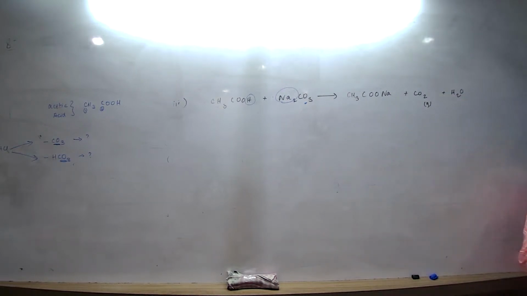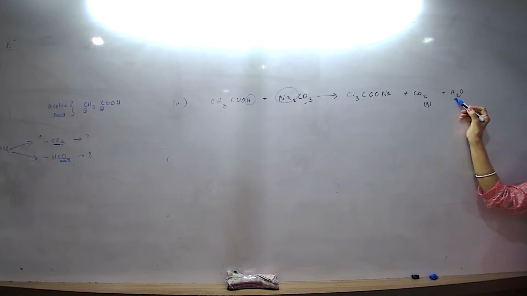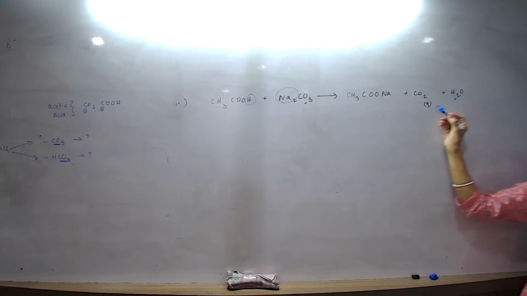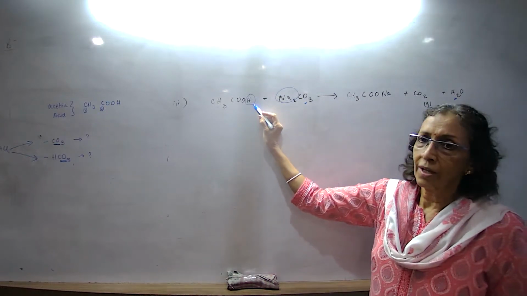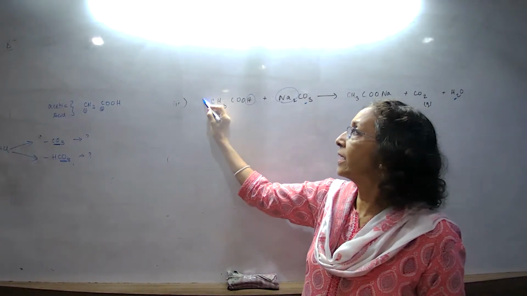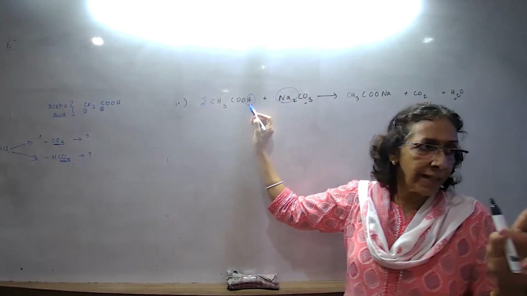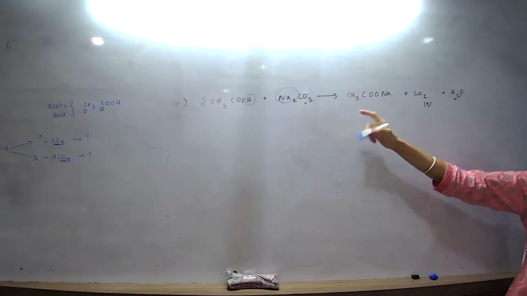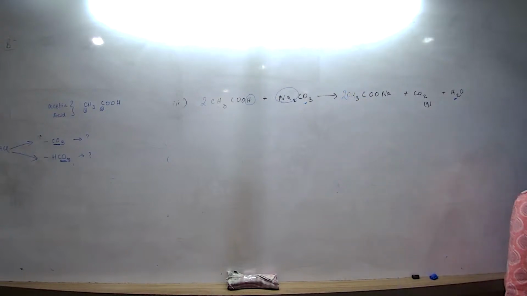Now look at the board. How do we balance it? Look at the board, everyone. H2O. That means two hydrogens have to be released. But if you look here, how many hydrogens? Only one. So I have to take two of that. If I'm taking two of this, that means I'll get two hydrogens. If that is at two, then obviously this is at two.